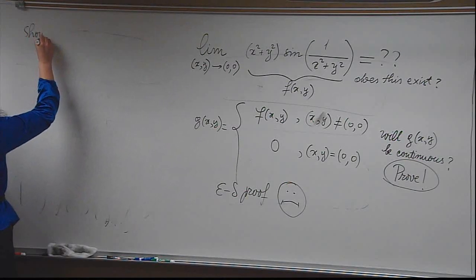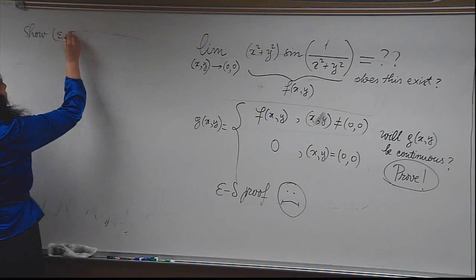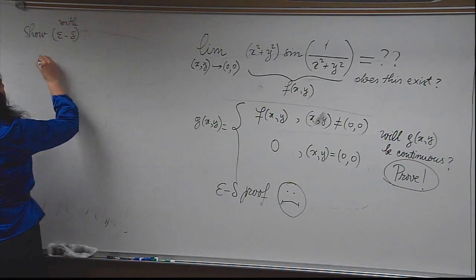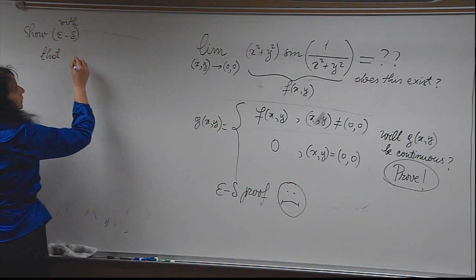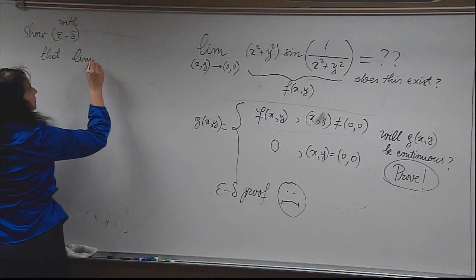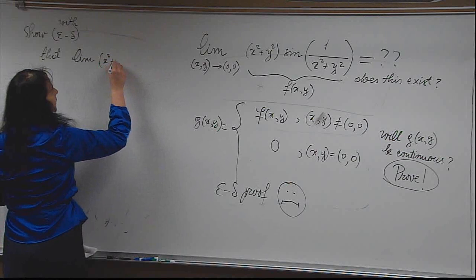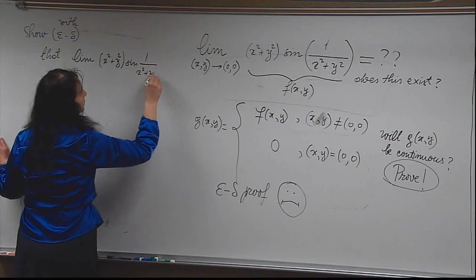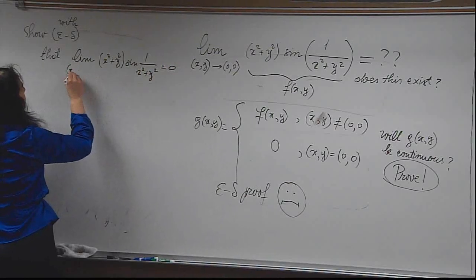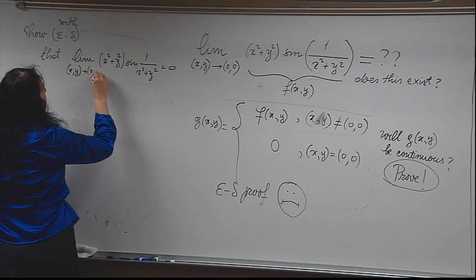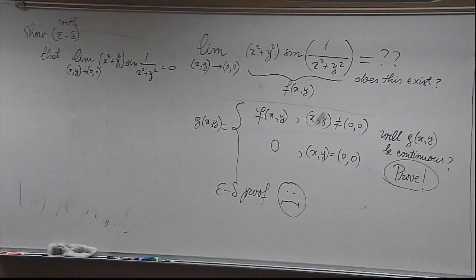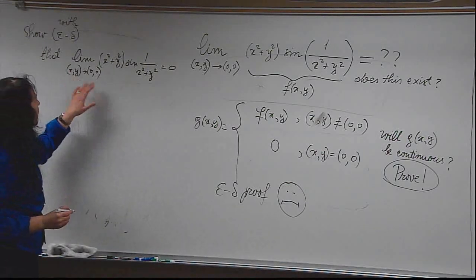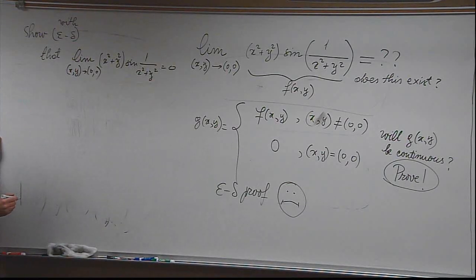Show with epsilon delta that the limit of x squared plus y squared times sine of 1 over x squared plus y squared is 0 as I approach the origin with my pair xy, which can go any wild path that approaches 0.